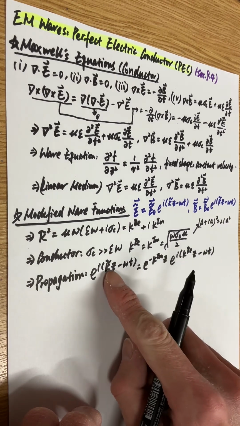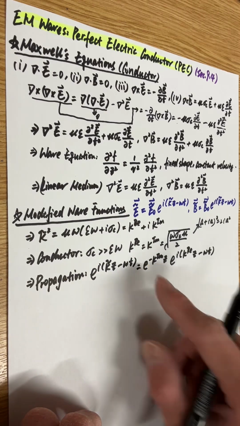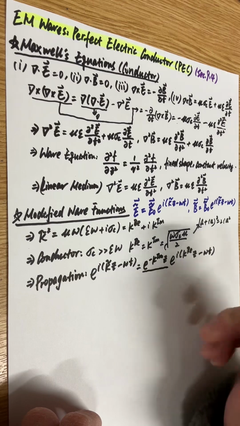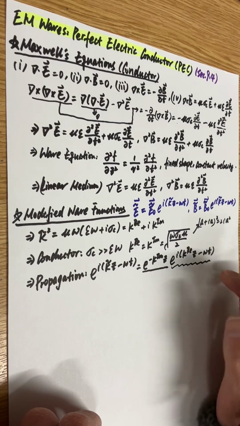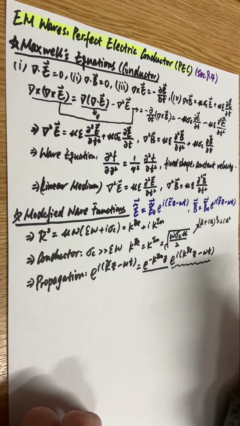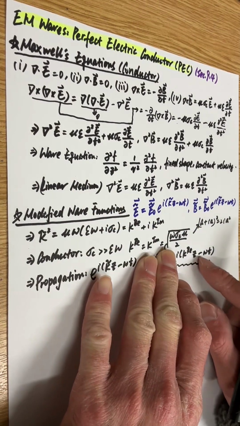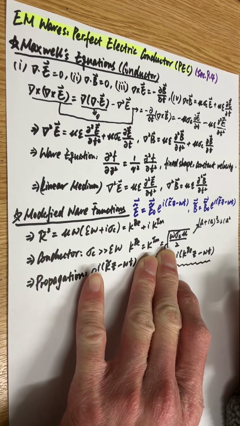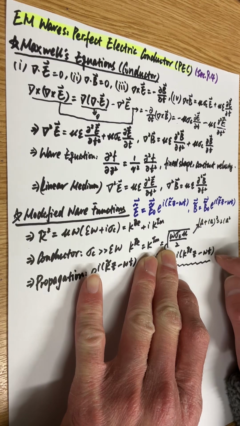The imaginary part, there is an i multiplied by i, so we have a minus here. This one is taken out, and this one is similar to the wave function that we always have for linear medium. If we only had this term, the wave would propagate with fixed shape and constant velocity.